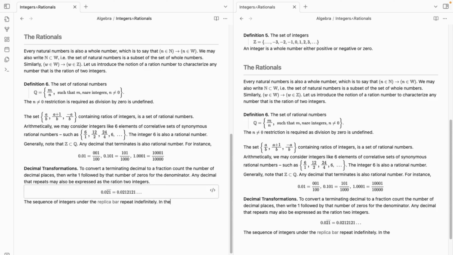And of course, in the case of 0.021 repeating, we place exactly 2 digits under the replica bar.